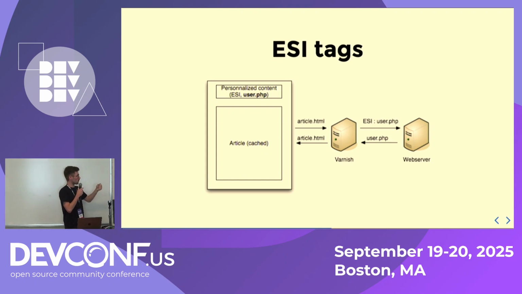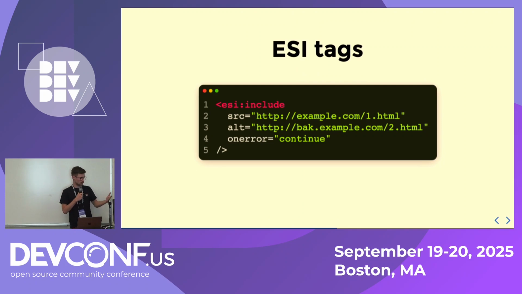Varnish will store a document that contains some ESI tags, and will ask, okay, give me the user.php resource, and will update your document with the value of user.php, and return the computed document to the user.